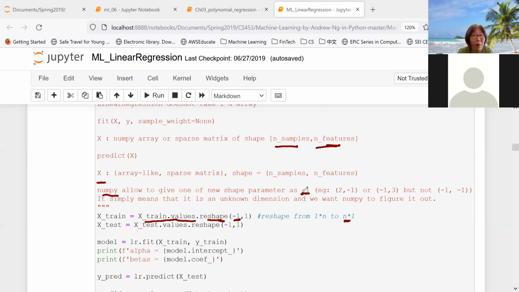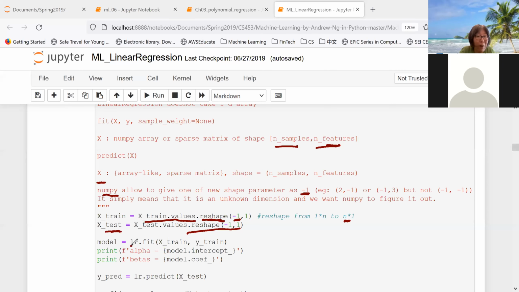That's what -1 means. If you recall, in NumPy we also have newaxis, but here we can also use -1 for the reshape method. The same thing for testing data, you also need to reshape.